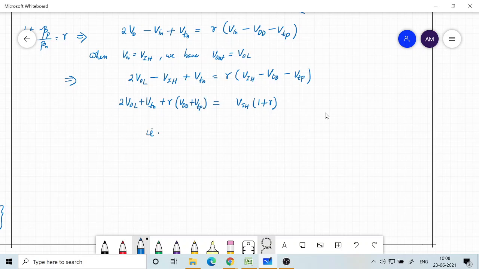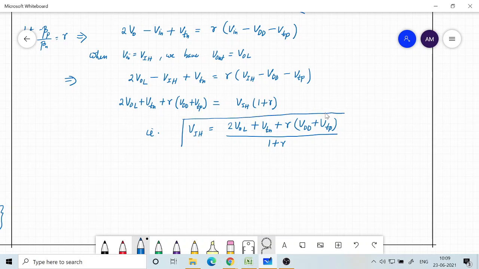That is, VIH is going to be equal to 2 VOL plus VTN plus R into VDD plus VTP, divided by 1 plus R. Okay, so let's put this in a box.